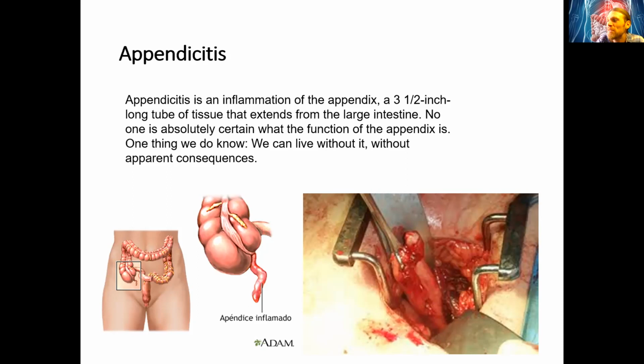And it can be very serious, because if it ruptures and the bacteria get into your abdominal cavity, you can go into anaphylactic shock, which could be lethal. There are people who have died of appendicitis because they couldn't get medical help in time.